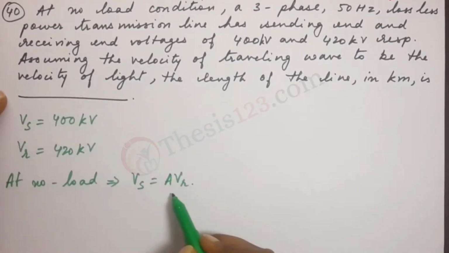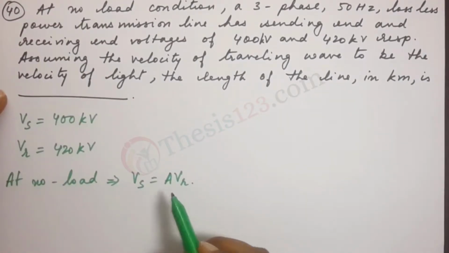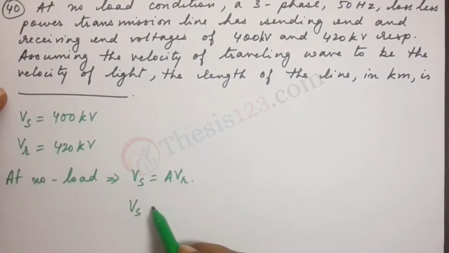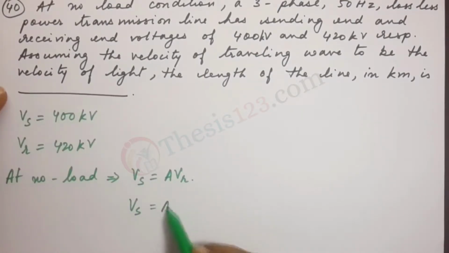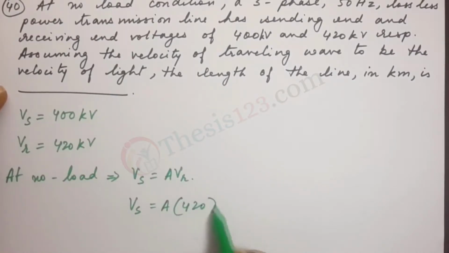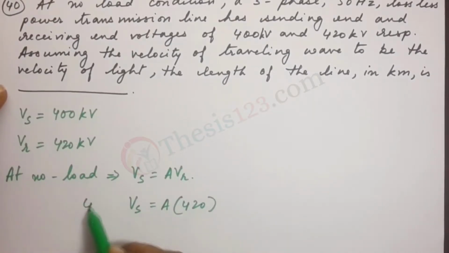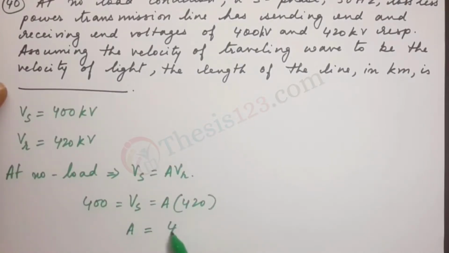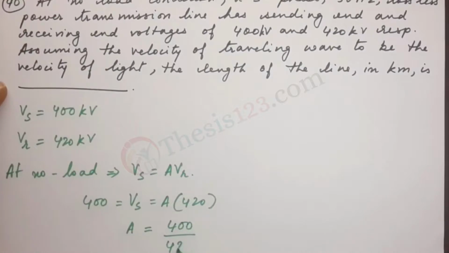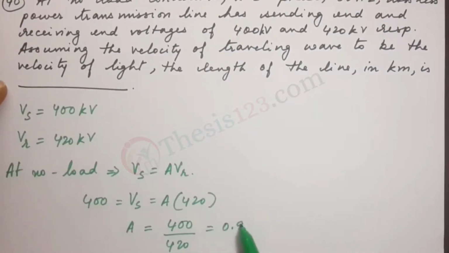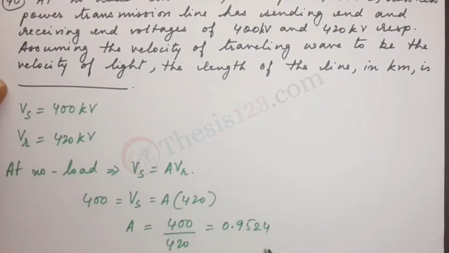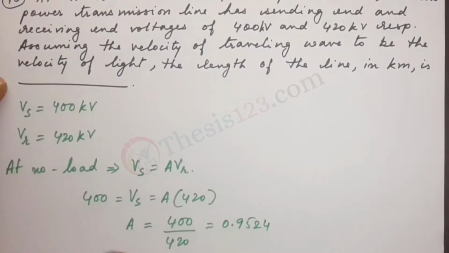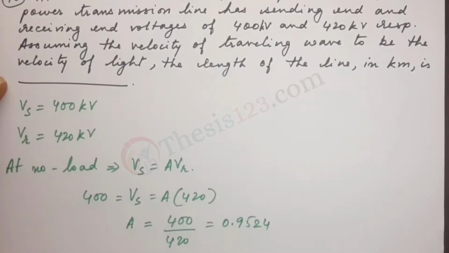Now A is a constant, okay? Let's find out what A is first. So Vs is equal to A times 420. Vs is 400. So from here we can find out what A is. A is 400 divided by 420, which is 0.9524.